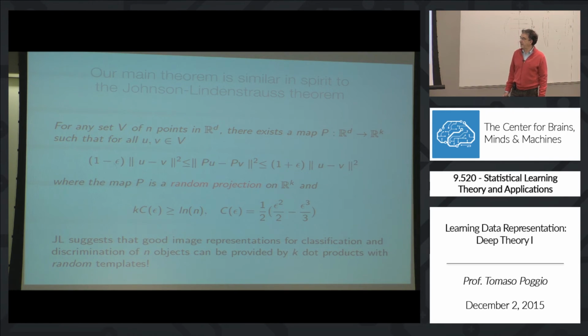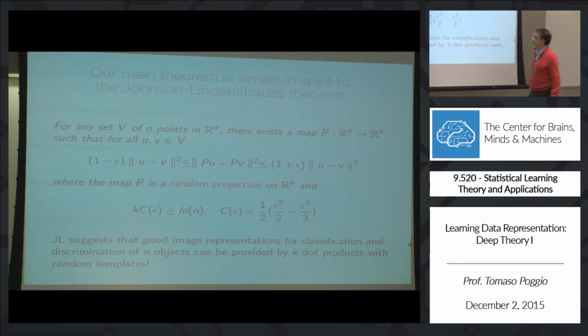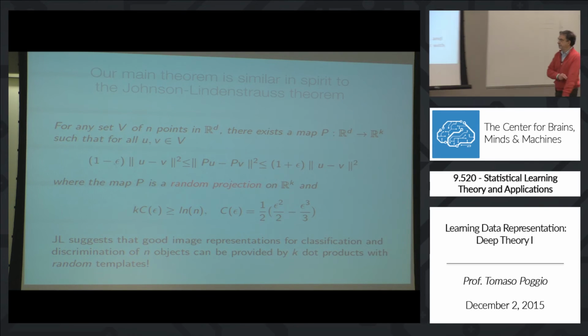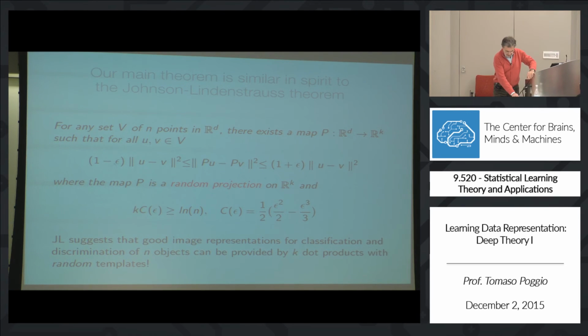It depends on them like the log, so it does not grow very quickly with the number of images. So this means you can represent this high-dimensional object in terms of much smaller projections of it.